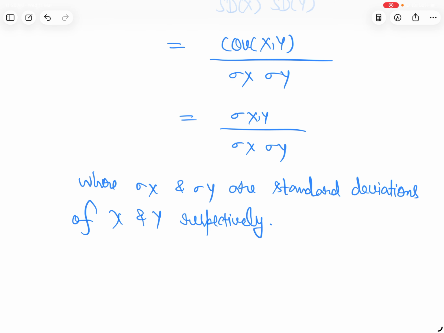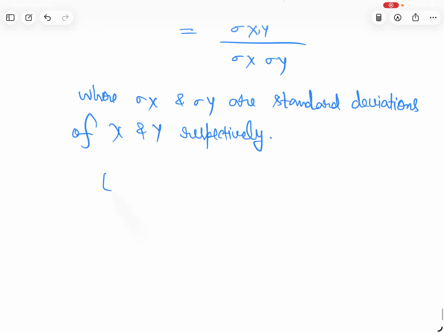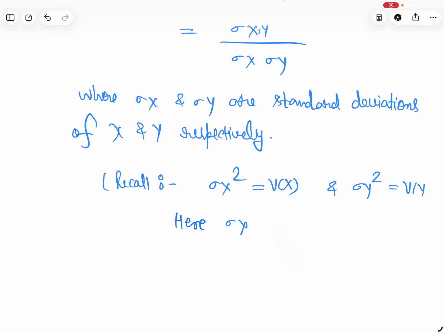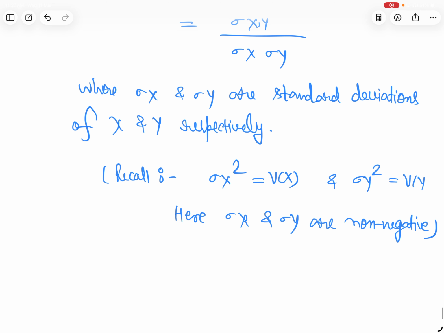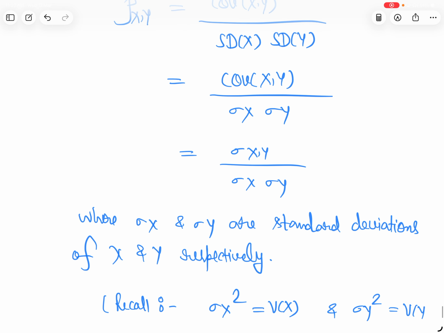Okay, standard deviation. What is the standard deviation? Recall. I'm telling again, what is the standard deviation? It is nothing but the square root of variance, and standard deviation is equal to sigma. Here they are non-negative. They cannot be negative, so they are non-negative. It can be zero, it can be positive. Please note it.